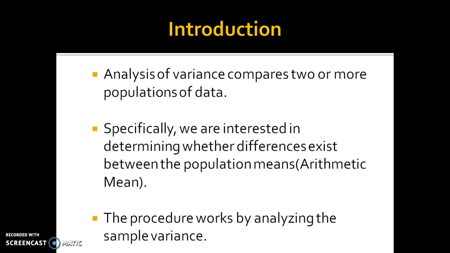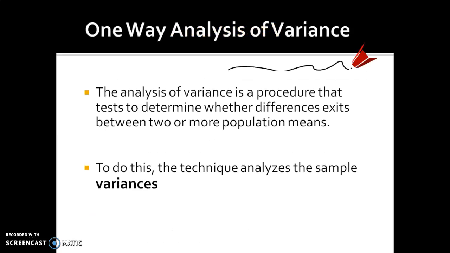So based upon the variation of those two or more series, we determine whether the sample series are being drawn from the same population or whether there are any sort of significant or insignificant differences between the series which have been drawn from the population.